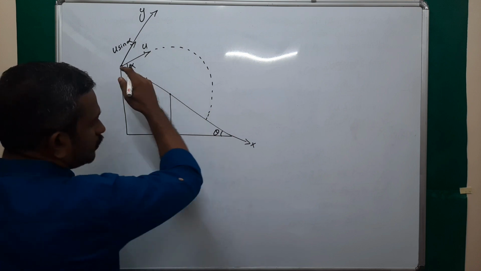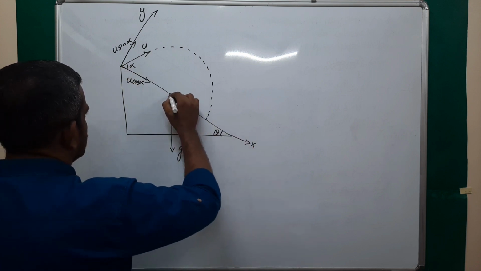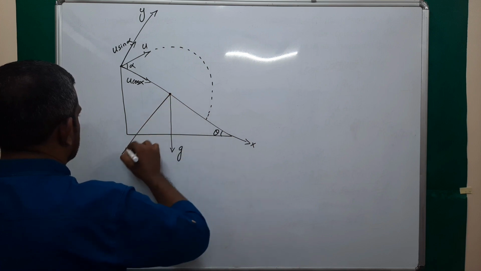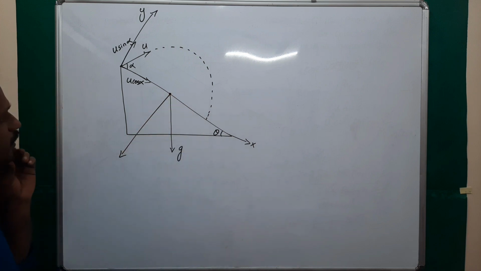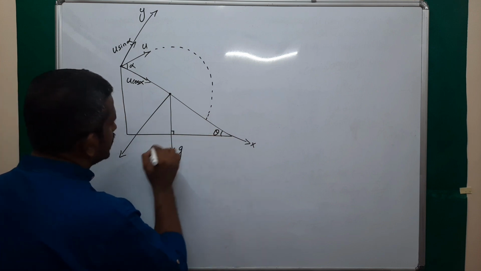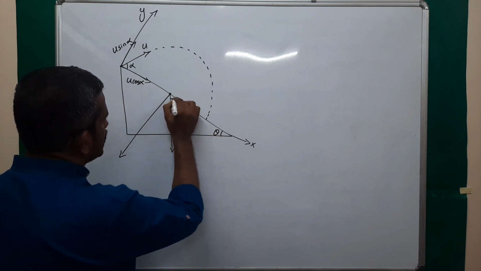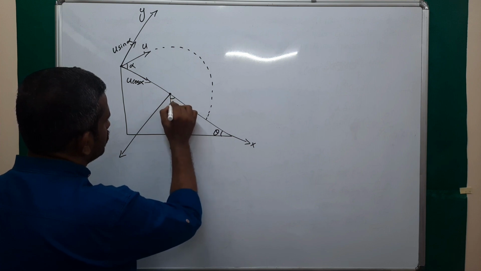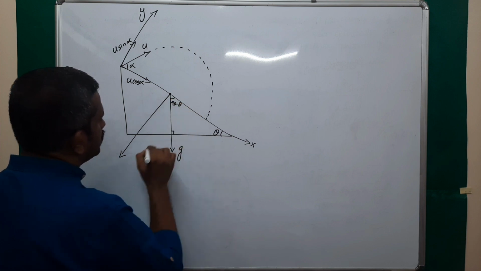That is the perpendicular to the x-axis. This angle is theta, this angle is 90 degrees, so this angle is 90 minus theta.